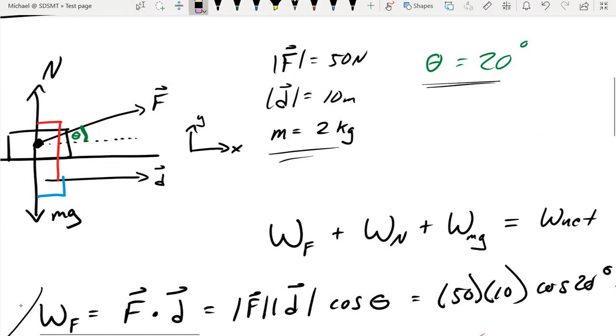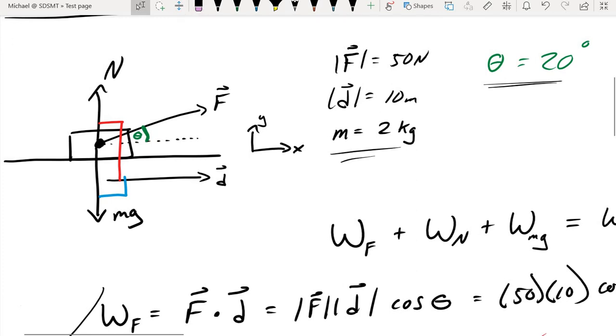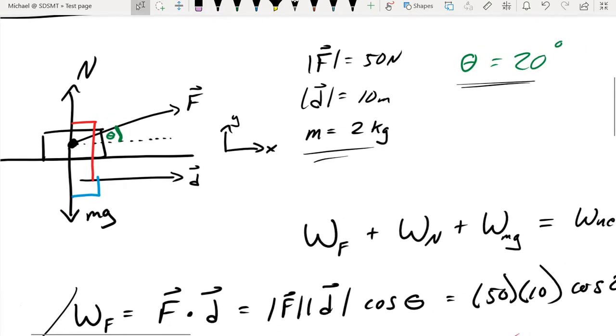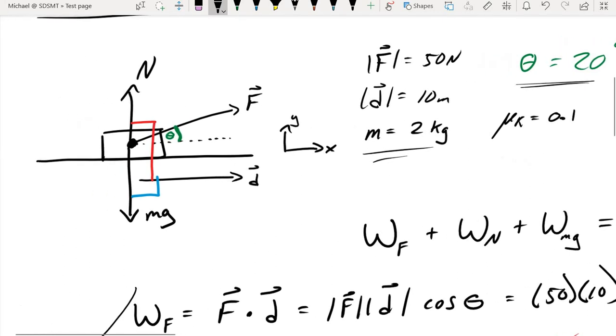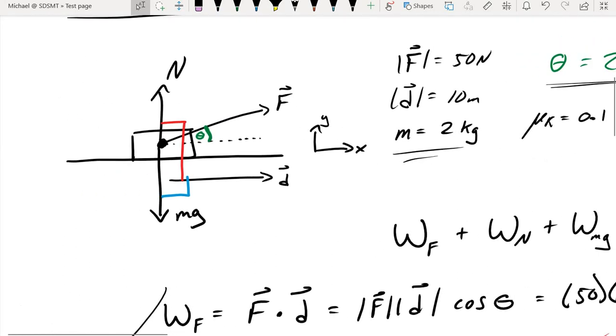And we will assume that there is enough of an applied force to overcome whatever static friction is present in the system. So we will assume that this mass will start to move. And we'll use a kinetic coefficient of 0.1.